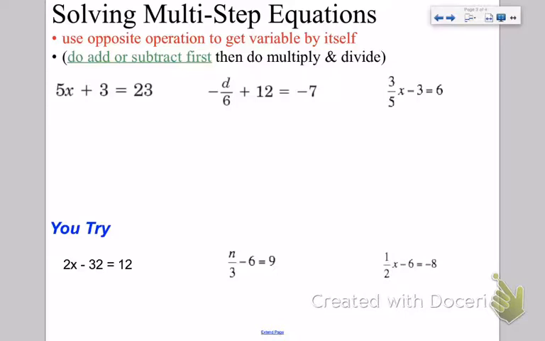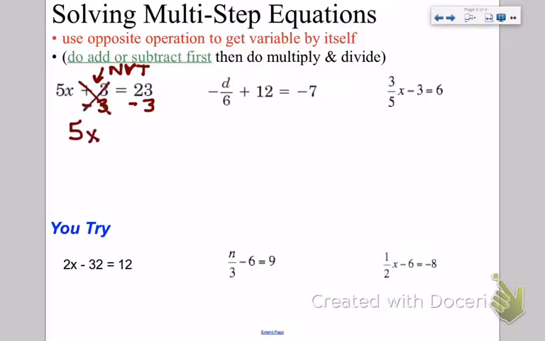So if we look at number 1, we go to that, I'll say NVT, non-variable term, and that is the positive 3. Opposite operation, we need to subtract 3.